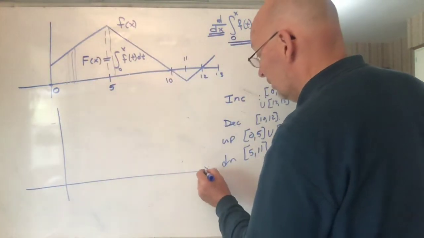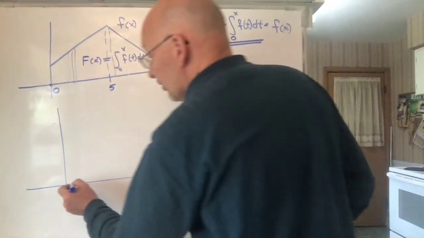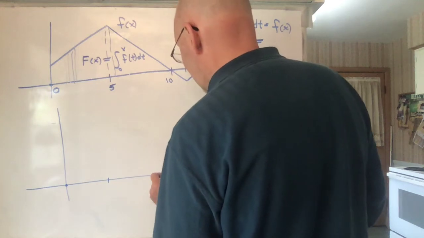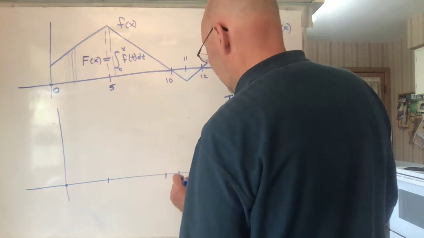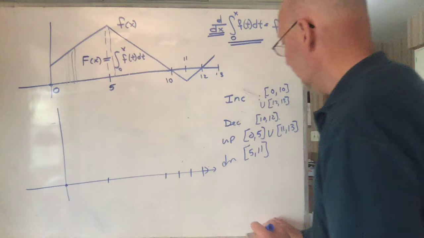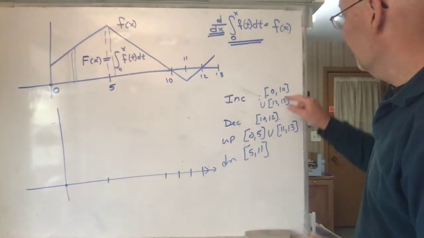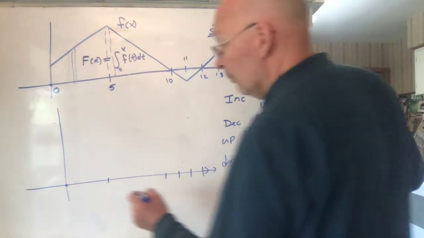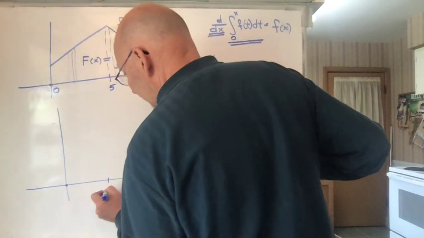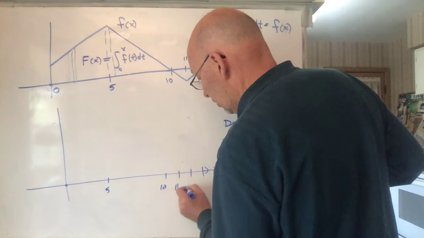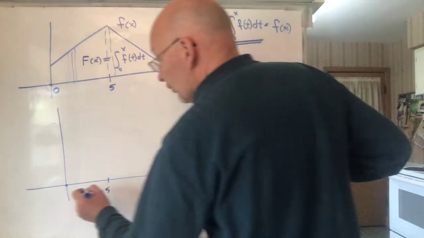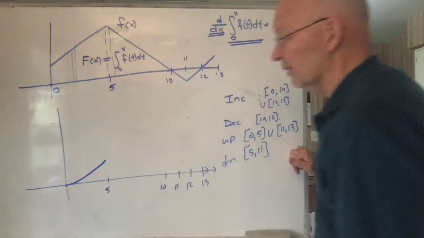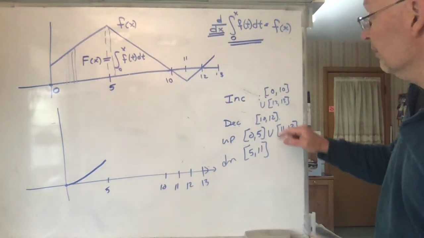It starts at 0. Here's 5. Here's 10, 11, 12, 13. I kind of scrunched those all together. Anyway, from 0 to 10, it's increasing. It's concave up from 0 to 5. So from 0 to 5, it's concave up and increasing. That's what it means to be concave up and increasing.